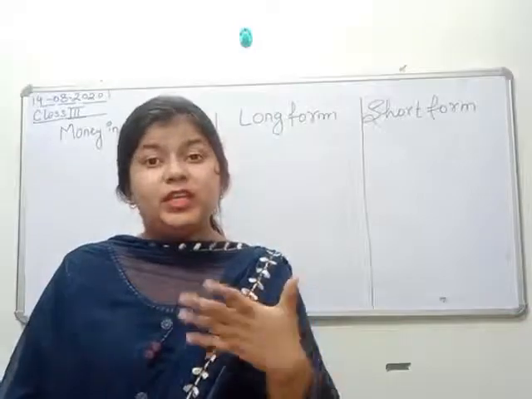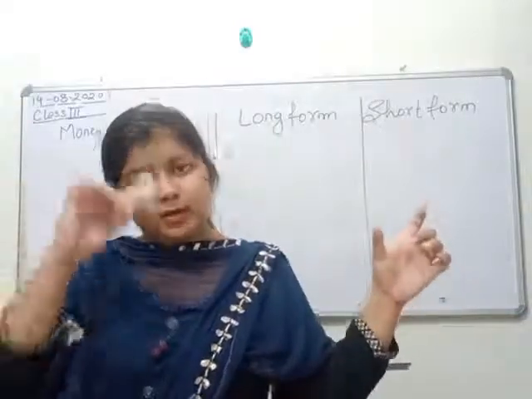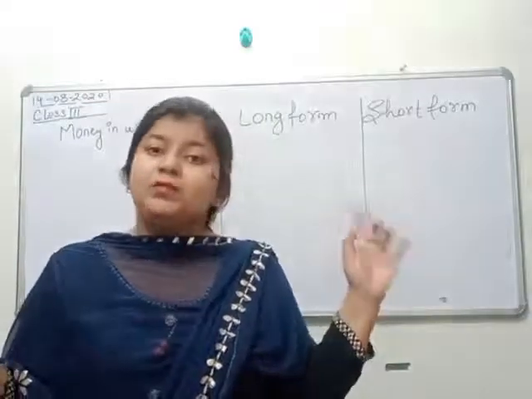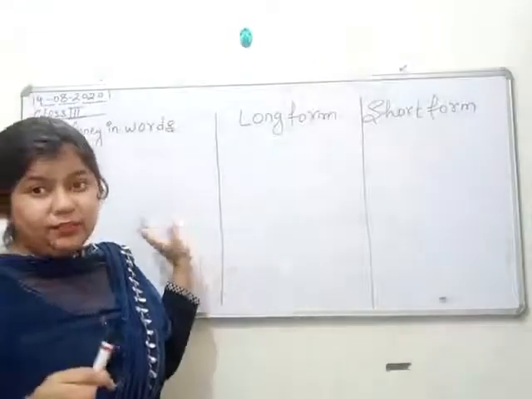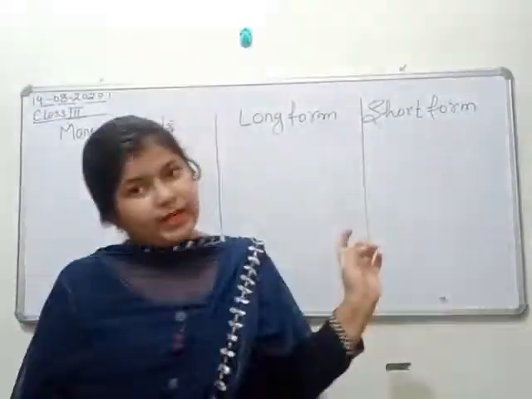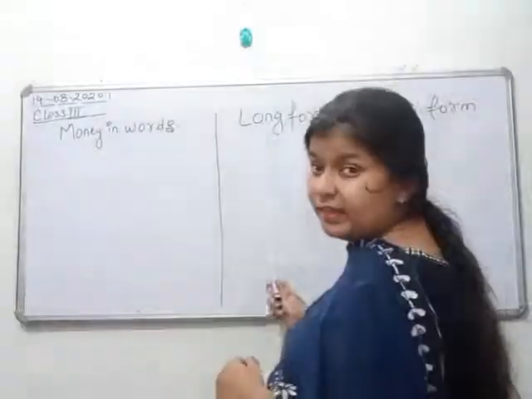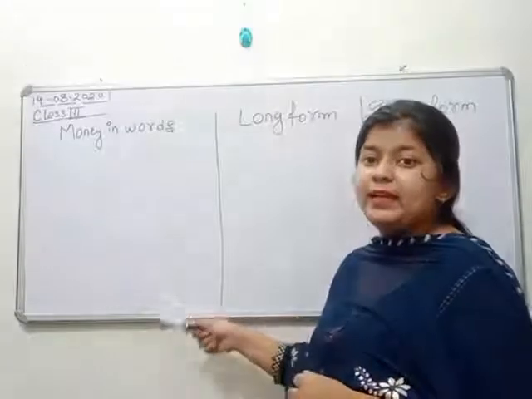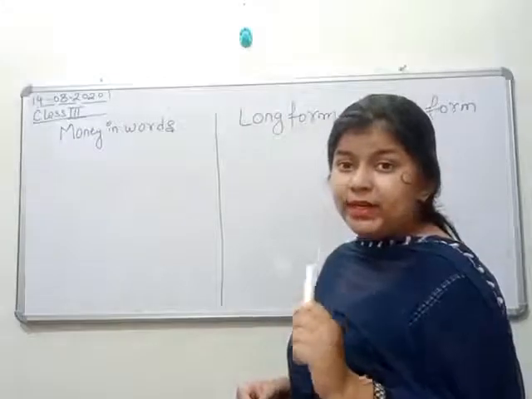So these all things are writing the given number in figure and in word. Here we will write the given amount in long form and in word. Once we complete this, we will move toward writing the given number in long form, and then writing that money portion in word.